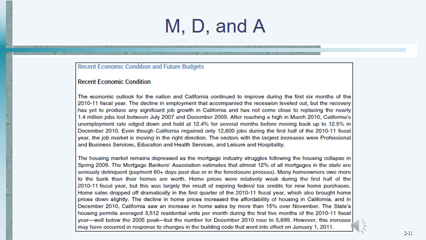There's also information about economic conditions and outlook. The government is going to look into the future and give a sense as to what's going on with the economy, the budget for the government, etc. I lifted this one from the state of California, a while back, around 2007 to 2009, and you can see that at that point in time there was a bit of a sad story going on.